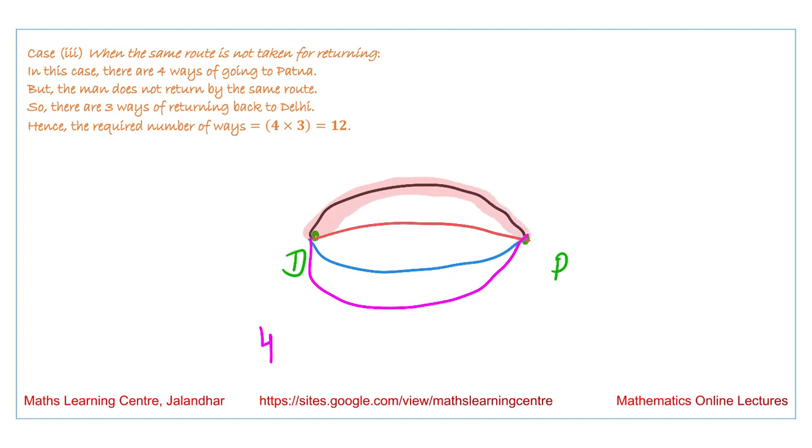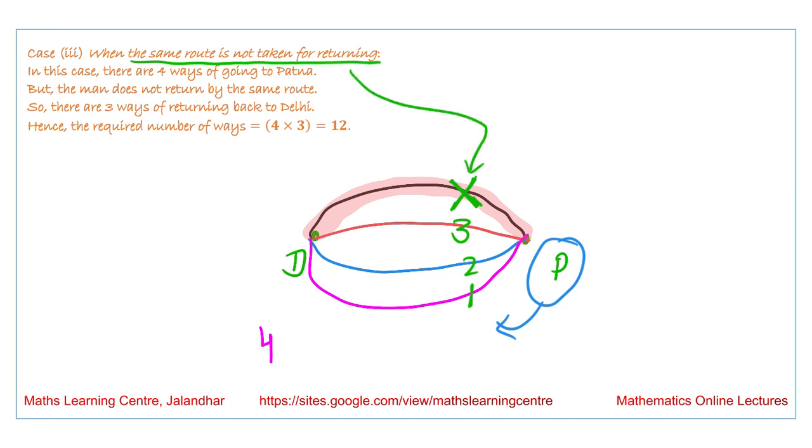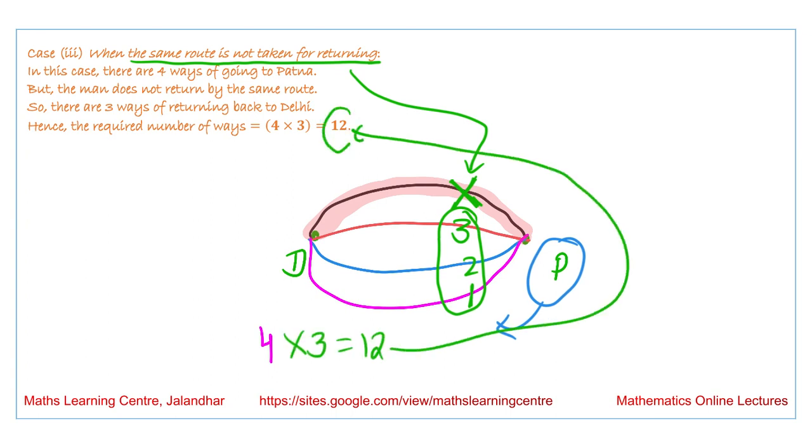Now when he is coming back from Patna, the number of ways he can choose the route is 1, 2 and 3, because he cannot choose this first route now, as the same route is not to be taken for returning. So the number of options he has is 4 into 3, which is equal to 12.